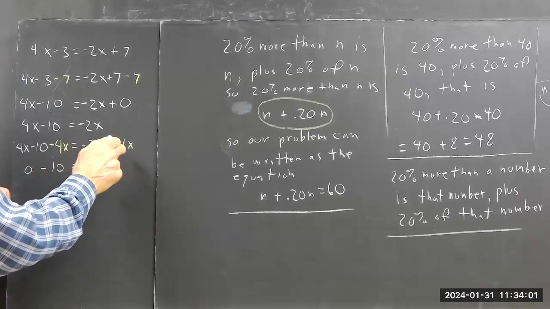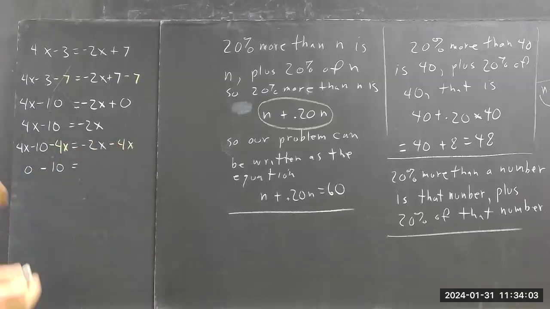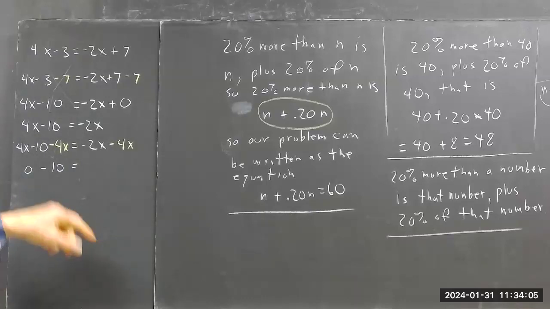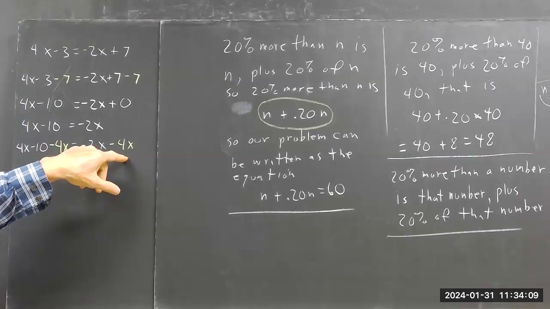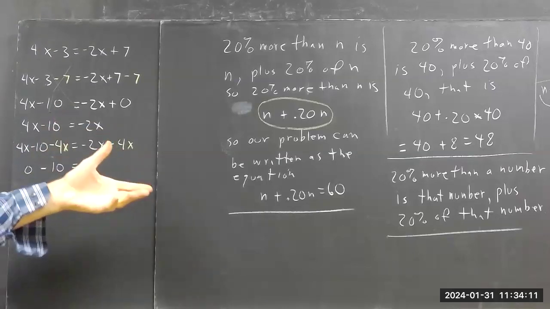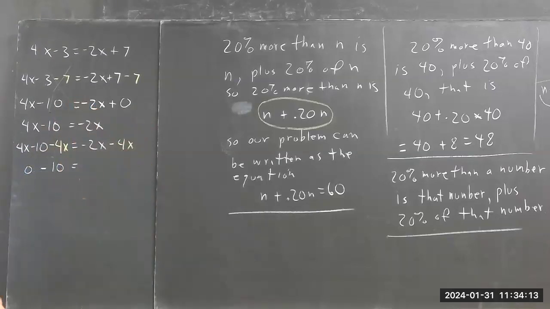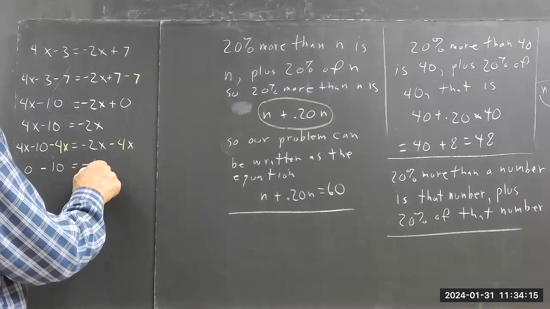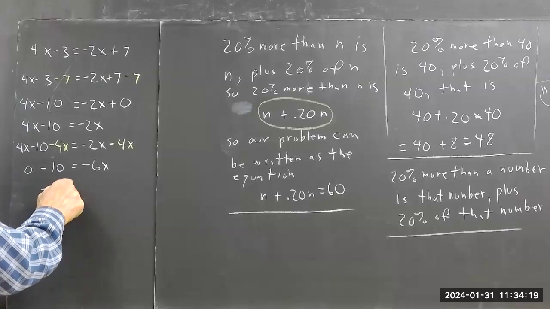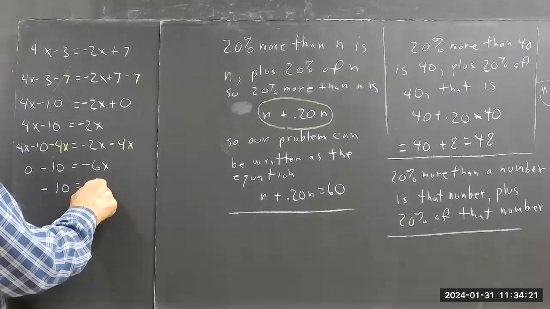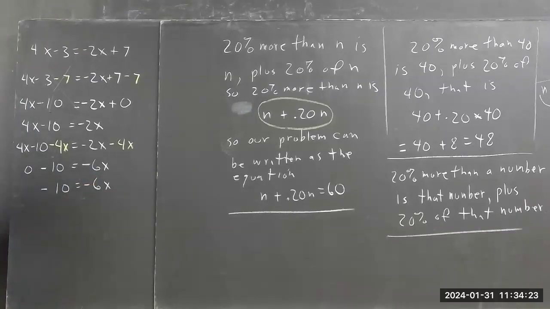And negative 2x minus 4x, we can do that because whatever x is, we've got negative 2 of them here and negative 4 of them here. That's going to give us negative 6. So we have negative 6x. And then the 0 is really not needed there. So we have negative 10 equals negative 6x.